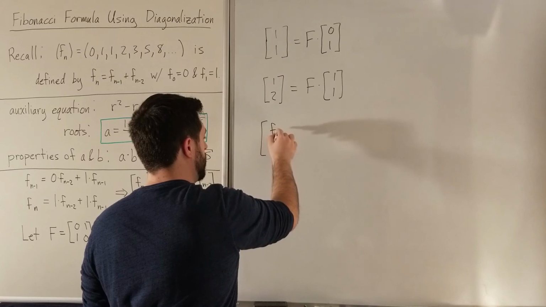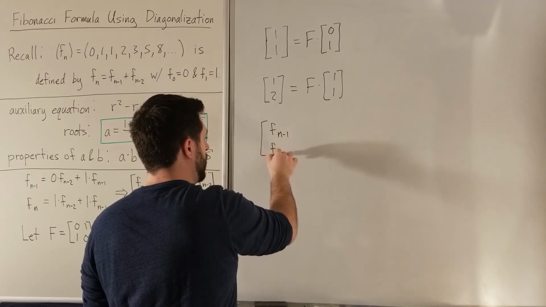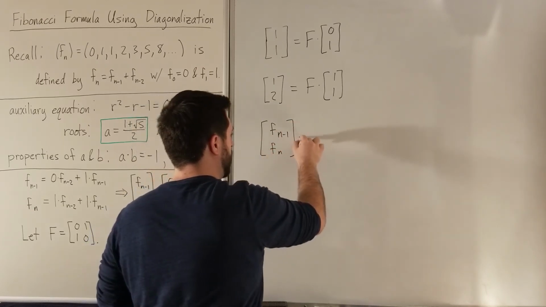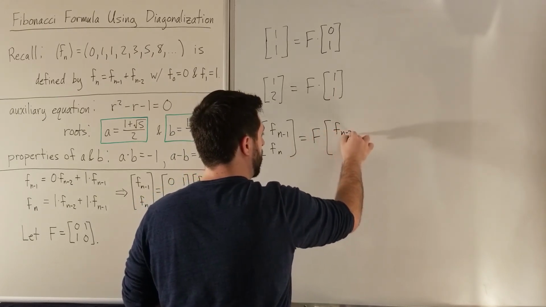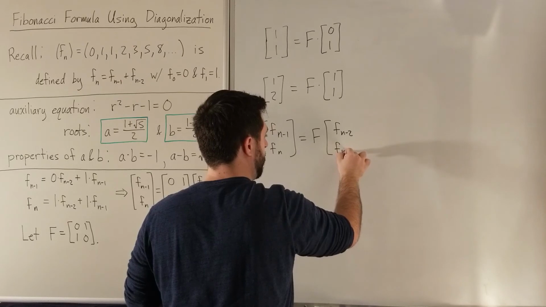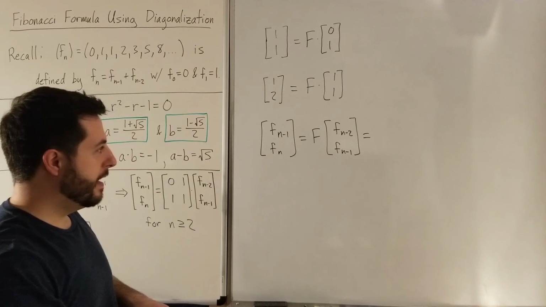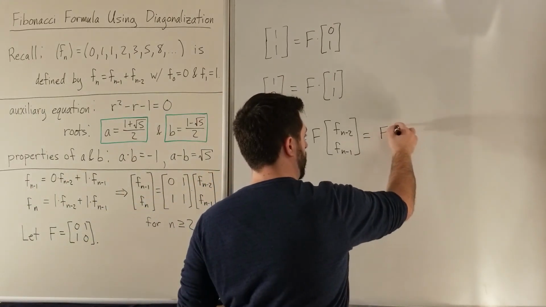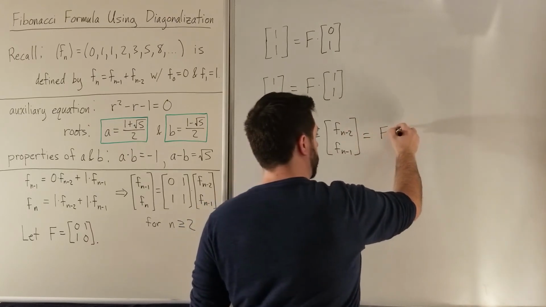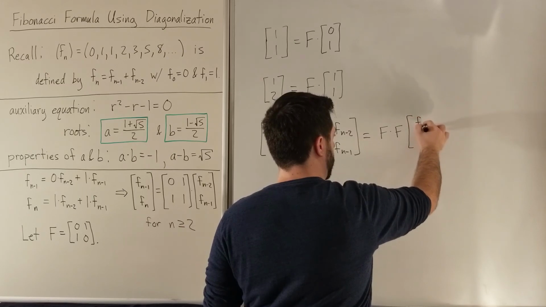So just in general, I want to think about F sub n minus 1, F sub n. This is F applied to this vector. And I want to think about that as, so this vector itself is F times the next smaller one down.